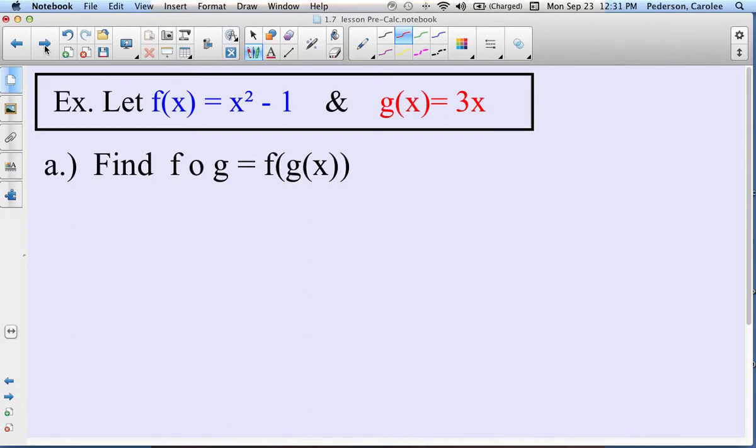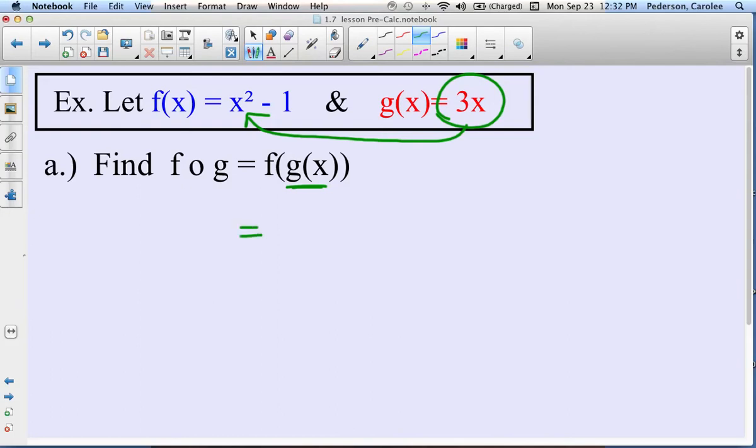We have two functions, one blue and one red, and we want to find the fog. We want to find out what is f of g of x. So we work with the innermost parenthesis first, the x and g of x, and we're going to evaluate it into the f of x function. So this g of x is going to go in place of wherever there's an x in the blue function.